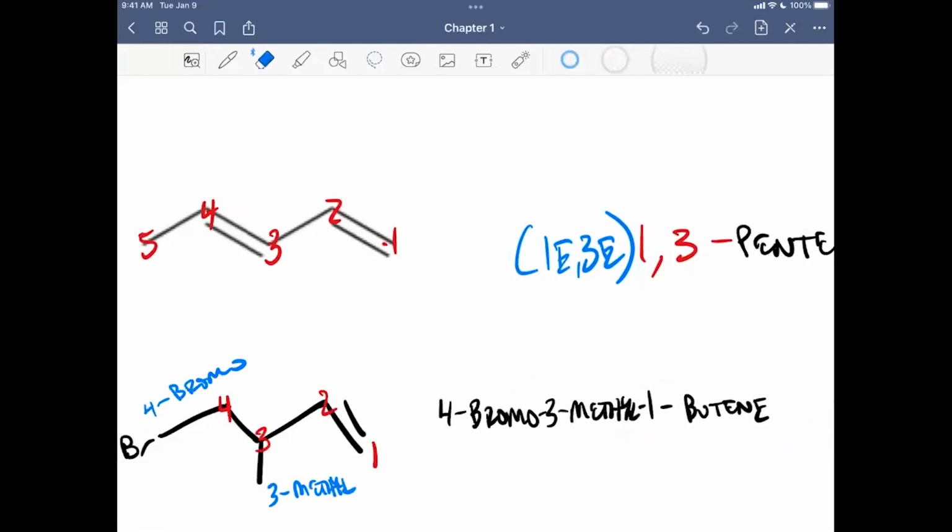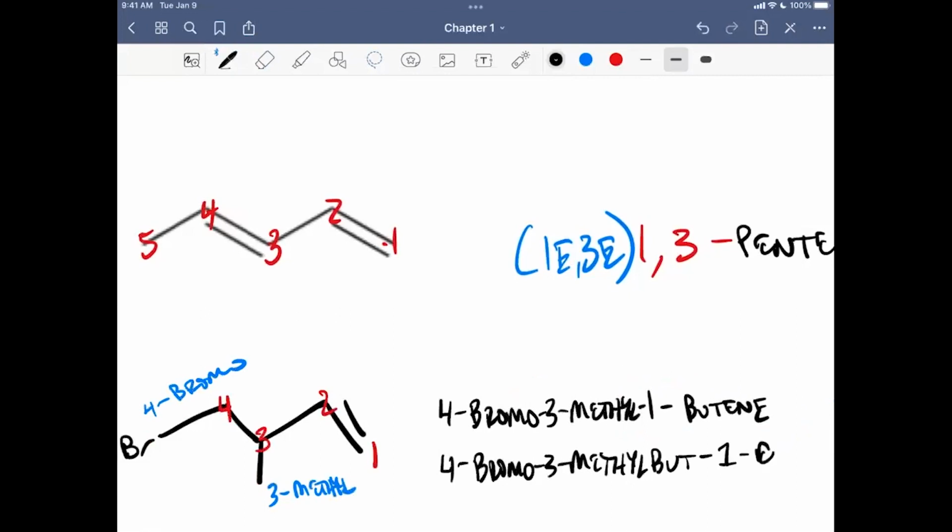You could also write this as, and I'll rewrite it, 4-bromo-3-methylbut-1-ene. And this would again be an E for both, if you're required to write the Z and E.